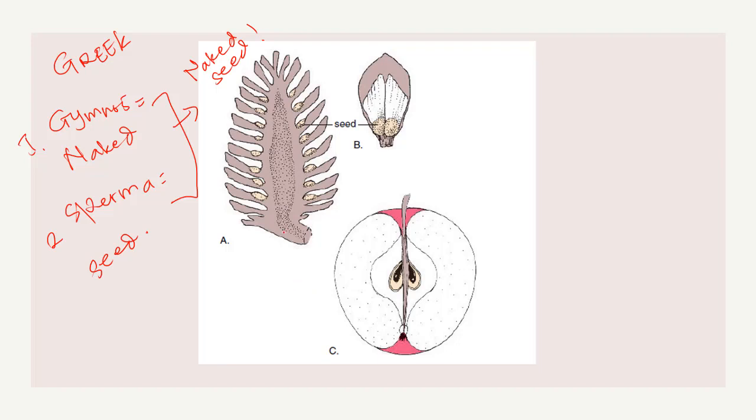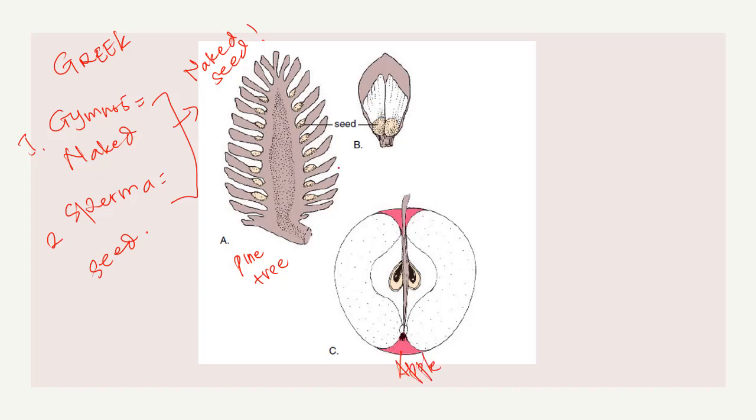To know why it becomes naked seed, let's see this picture. This is a picture of a pine tree strobilus. What we should focus on is the position of the seed. Here we have the picture of the pine tree strobilus and the picture of an apple.